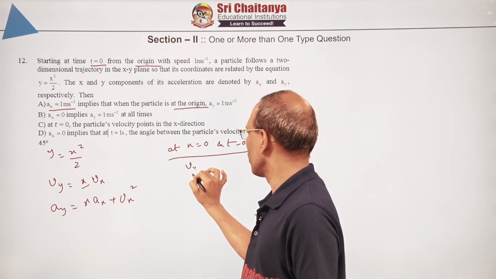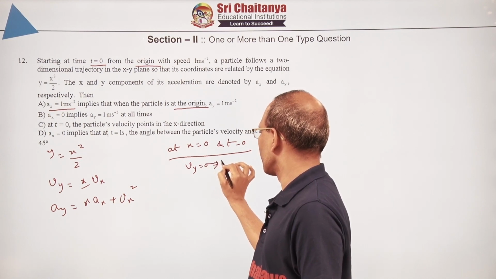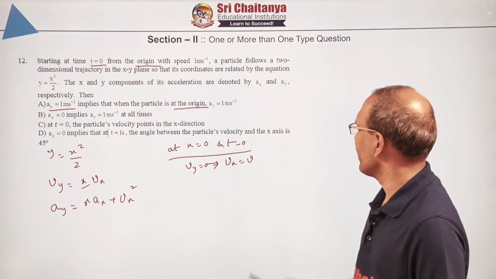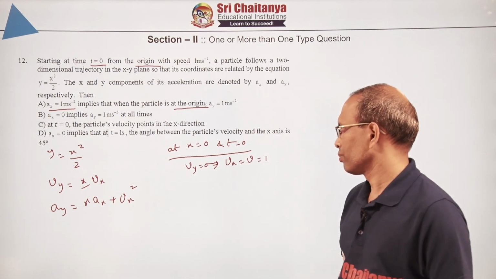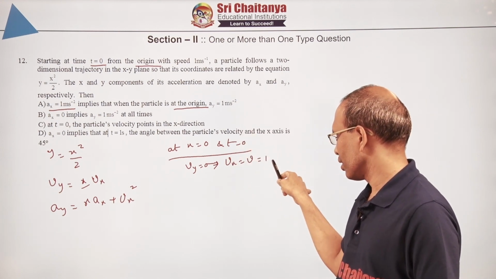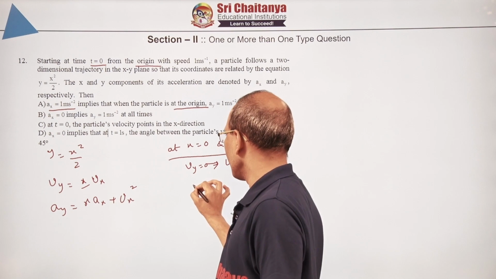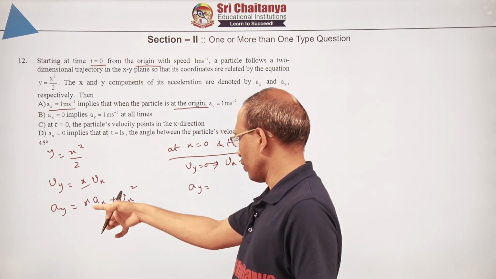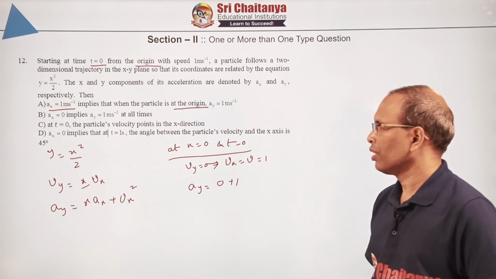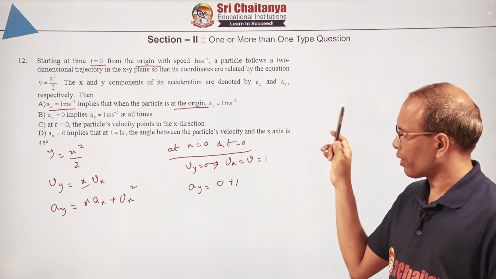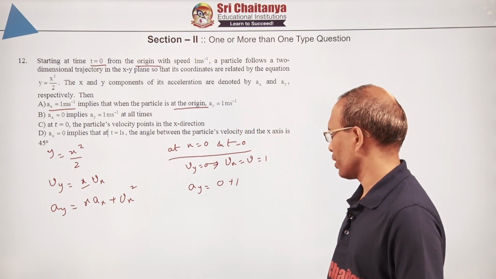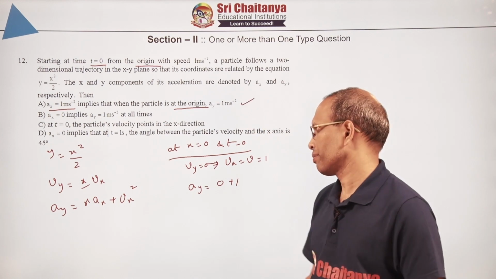Vy is 0, which implies Vx is nothing but V itself, and that V is given to us as 1 meter per second. So this is at origin or at t equal to 0. Now what do you write about ay then? x is 0 and Vx is 1, so ay equal to 1. So ax equal to 1 meter per second square implies that at origin ay will be 1 meter per second square. So option A is correct.